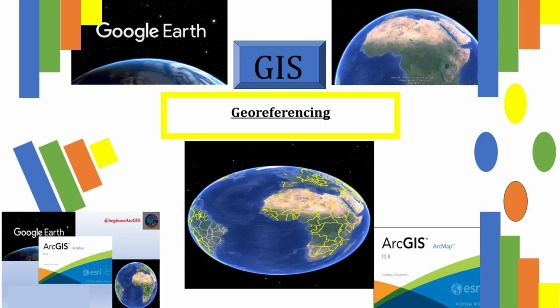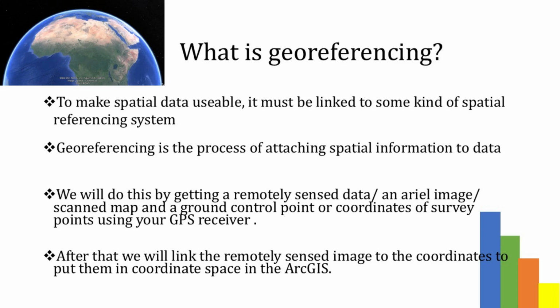So in today's video we will show you one of the easiest ways to georeference an image. So when we say georeferencing, what is it at all? It is the process of attaching spatial information to data, which we do by getting remotely sensed data, let's say an aerial image or a scanned map, and then getting ground control points or coordinates of survey points using our GPS receiver, right?